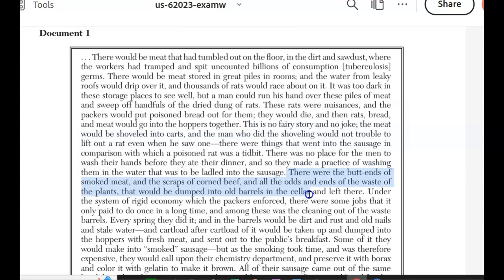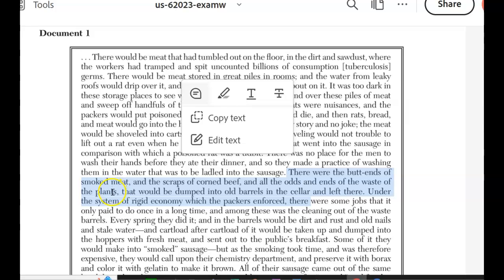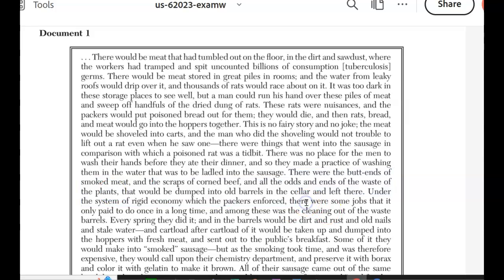There were the butt ends of smoked meat and the scraps of corned beef and all the odds and ends of the waste of the plants that would be dumped into old barrels in the cellar and left there. By plants here, he's talking about the factories, the sausage factories. Under the system of rigid economy, which the packers enforced, there were some jobs that it only paid to do once in a long time.